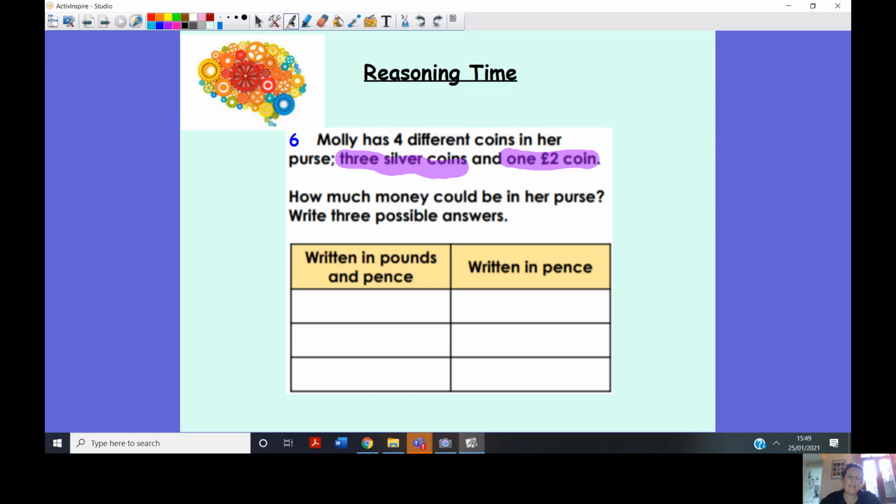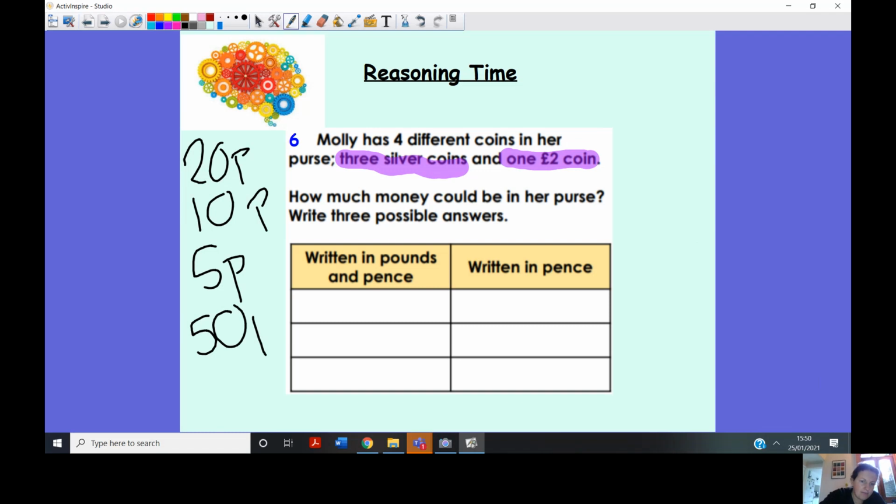So what silver coins could she have? Well, thinking back to our last lesson, what silver coins do we have? We have a 20p, a 10p, a 5p, and a 50p.